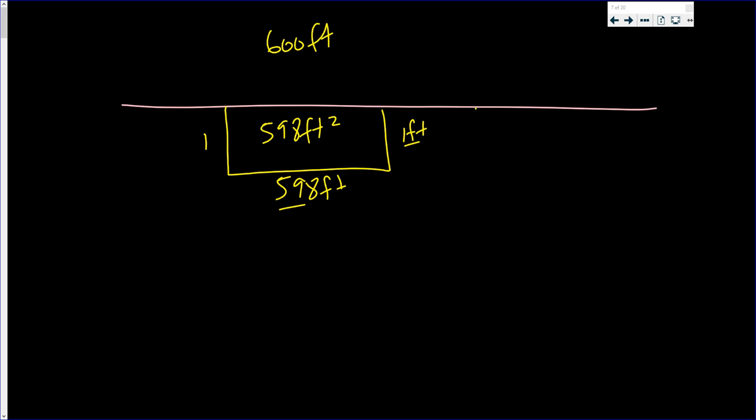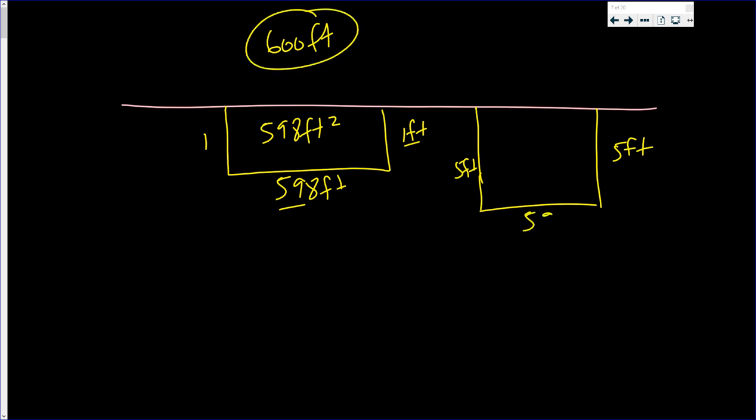Or maybe you can put 5 feet here, and of course 5 feet there. That used up 10 feet. So from there, you have 590 feet left over. So what is the area? The area is side times side. 59 times 5 is 295. 2,950.